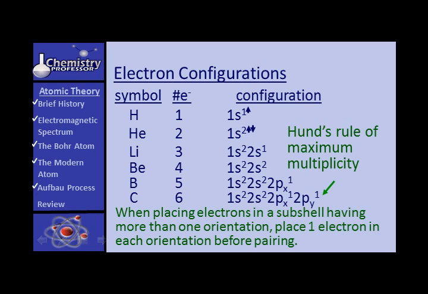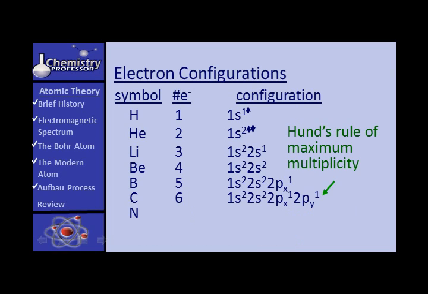So carbon has 2, they're going into the p. One goes into the px, one there. One goes into the py, one there. Nitrogen has 7. You want to try it? I have 1s2, 2s2, 2px1, 2py1, 2pz1.